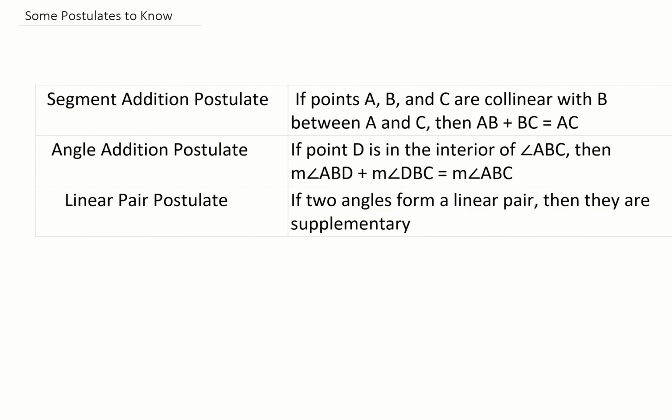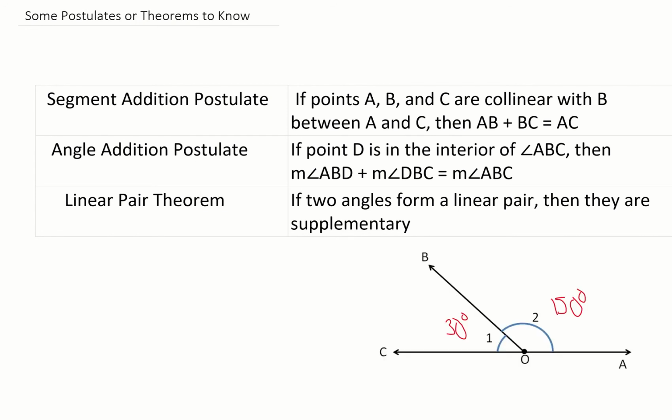The linear pair postulate states that if two angles form a linear pair, then they're supplementary. So we mentioned what a linear pair was. A linear pair is usually adjacent, meaning they share a side, and they also add up to 180. So that's what this says: if two angles form a linear pair, then they have to add up to 180. So that's basically what that postulate says. And this is an example.